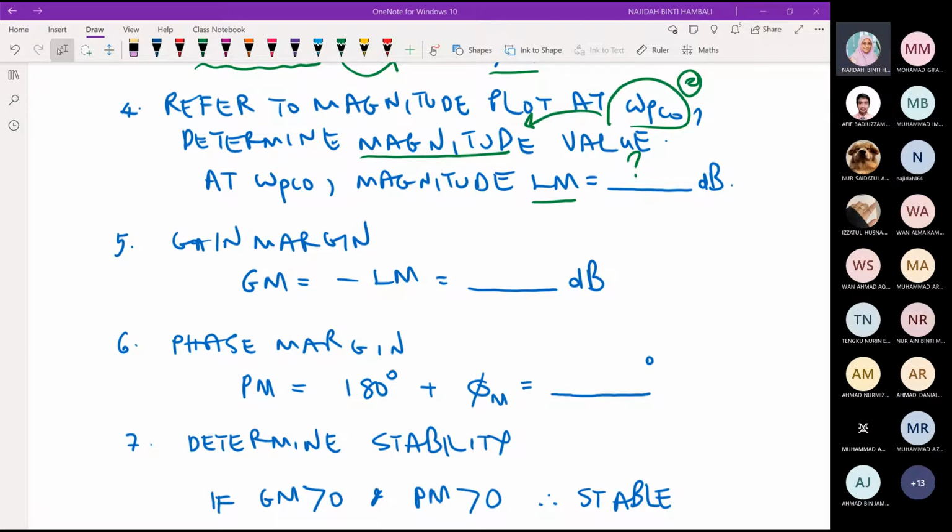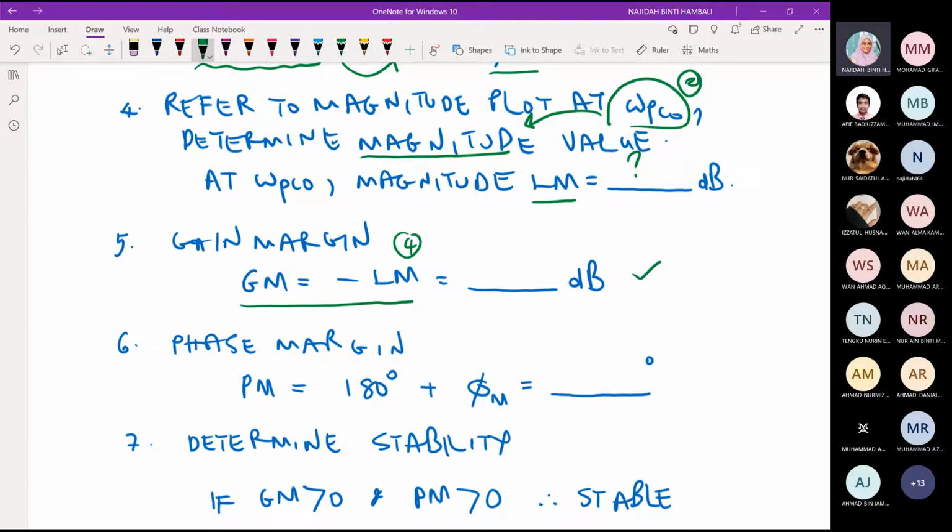Okay, next one. Based on step number 4, determine your gain margin, which is equal to negative Lm. So this is your gain margin. The unit is dB. Step number 6.